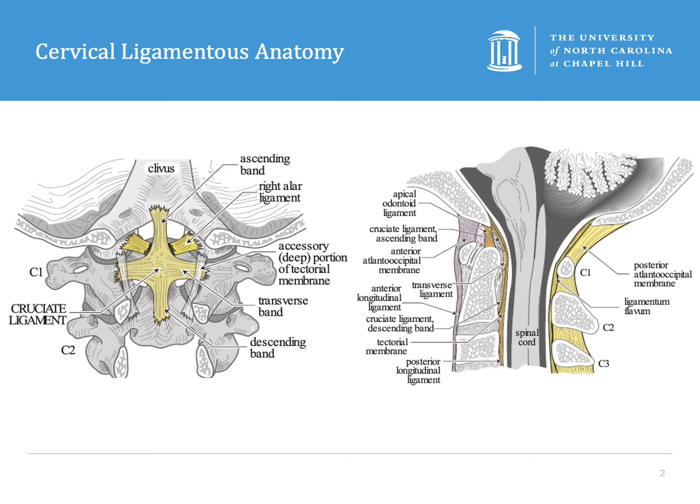That's going to become the tectorial membrane as it approaches C2, and then it'll eventually connect to the basion or the clivus. Posterior to the cord, we've got the ligamentum flavum. That doesn't change its name. In between the spinous processes are the interspinous ligaments. In between C1 and the occiput, this is called the posterior atlanto-occipital membrane.